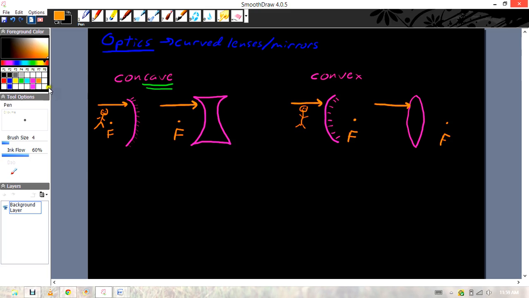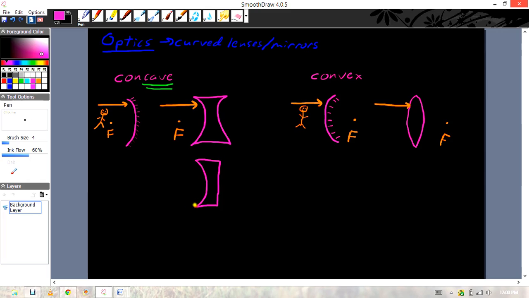Notice the pattern here. Notice how the shape wraps around the focus. So I'm not looking at this end for the lens because that's not the side of the lens that's being used. This is the side of the lens that's being used. In fact, what you can do is even have a lens that's shaped like this, and this is also a convex, careful.